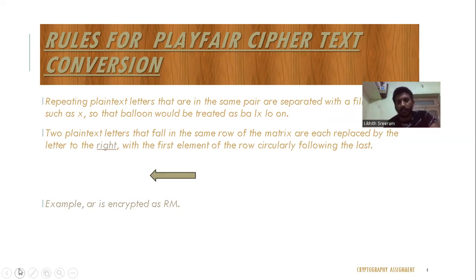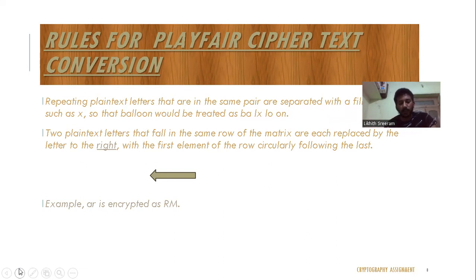If there are any repeating letters, they will be separated with the filler letter, which is by default selected as X. If we take the word college, there is a repetition of L, so we will separate it with the default filler letter called X.